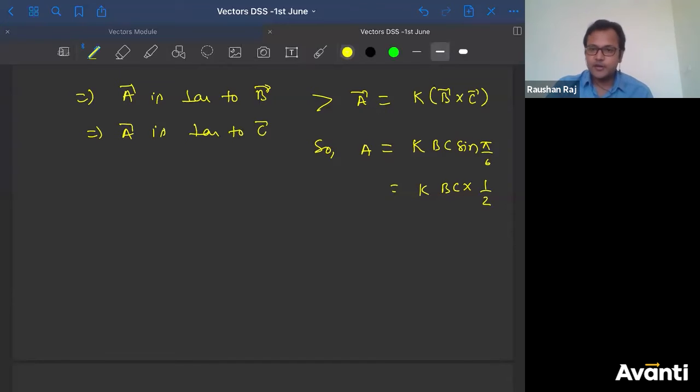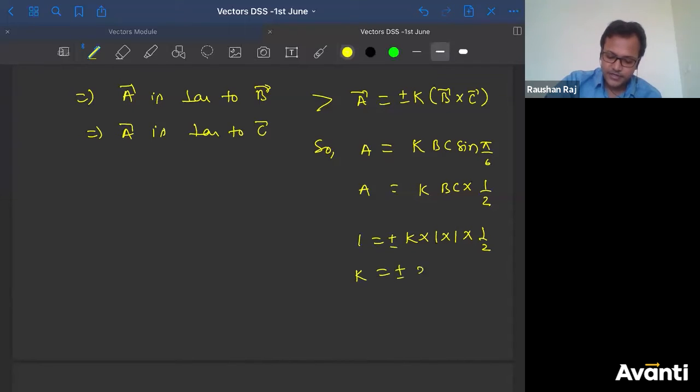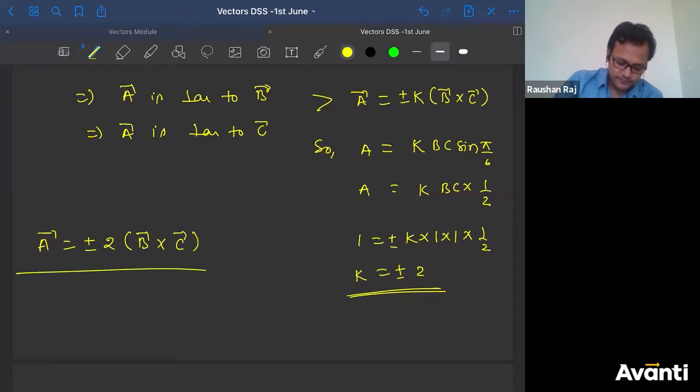A, B, C, all of them are what? Unit vectors. So I'll put 1 is equal to K into 1 into 1 into 1 by 2. So I'll get K is equal to plus minus 2. So I can say vector A is equal to plus minus 2 into B cross C.